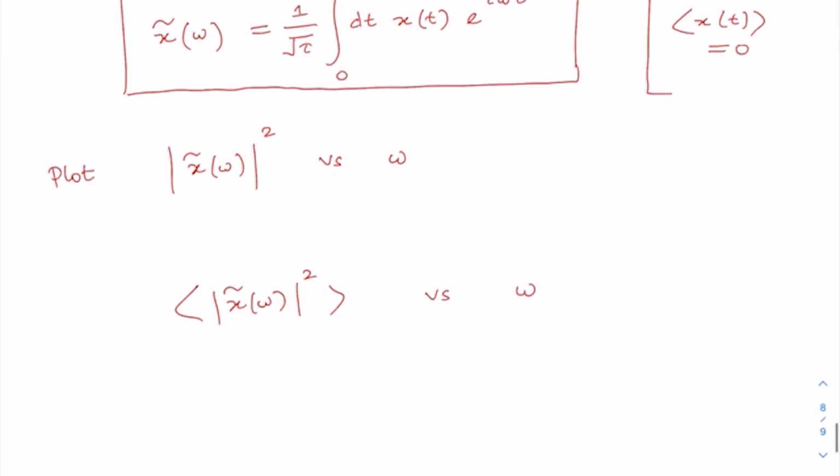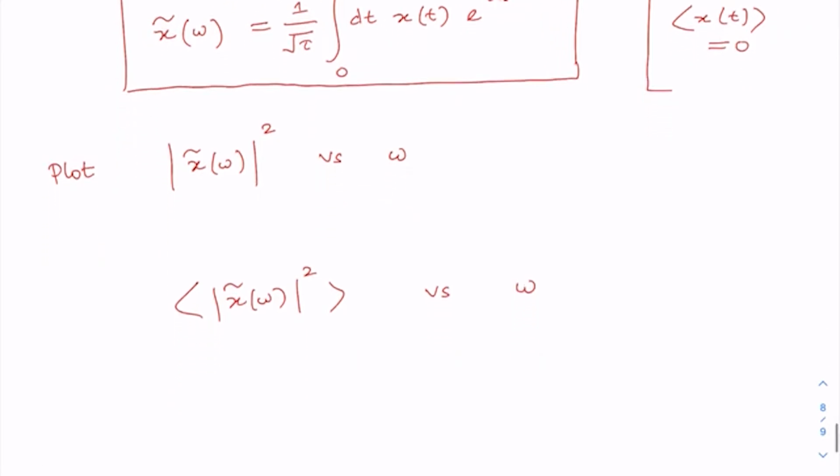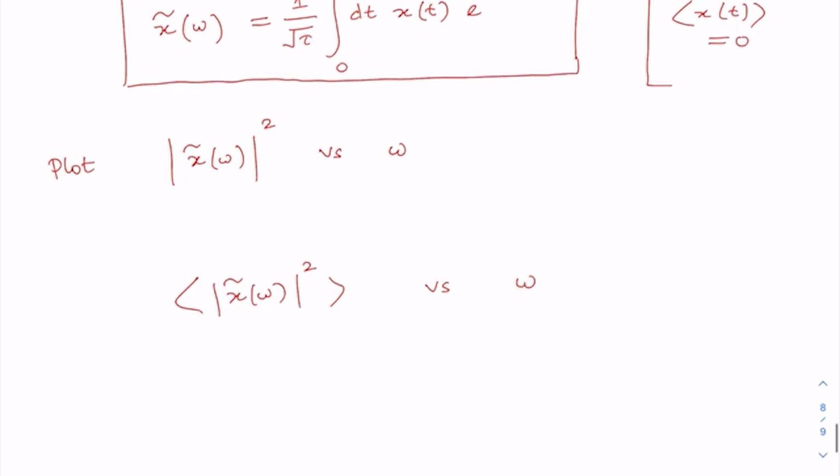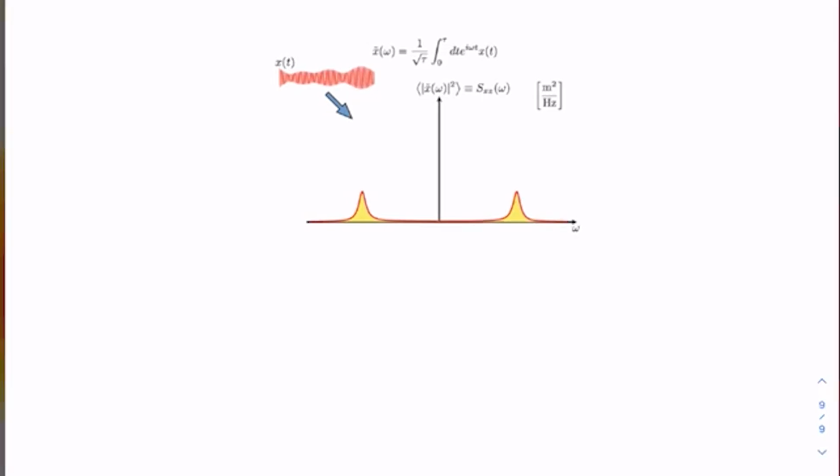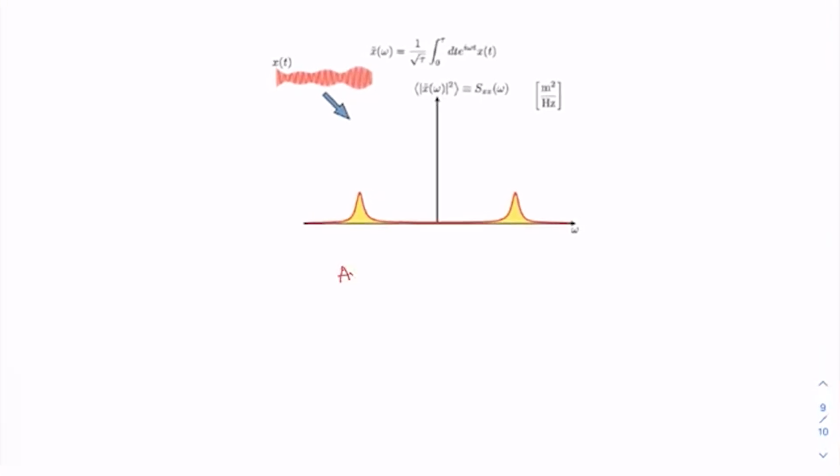And when we plot it, this plot is called the average noise spectrum of the mechanical oscillator. A typical plot is now shown here.